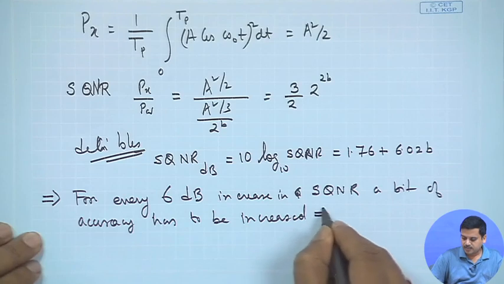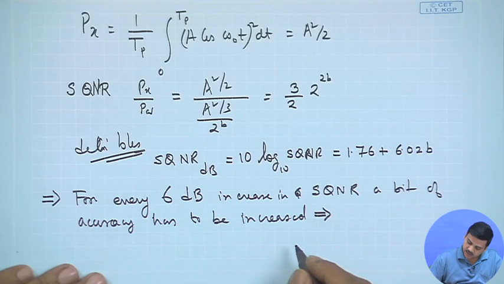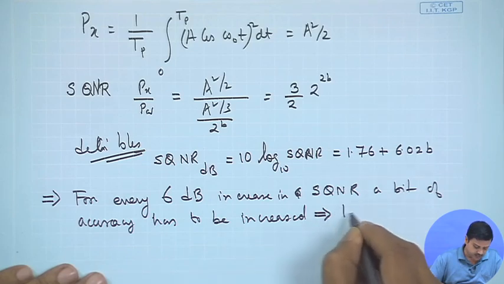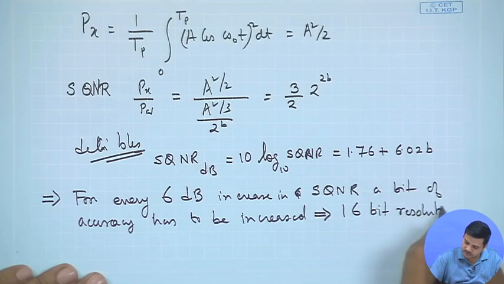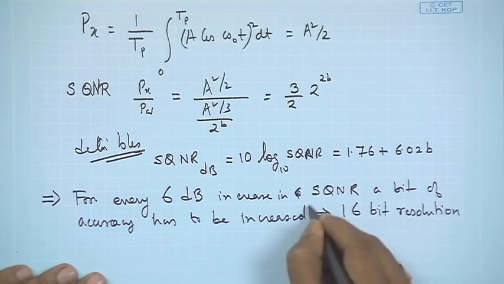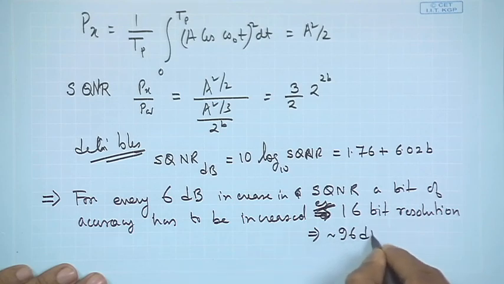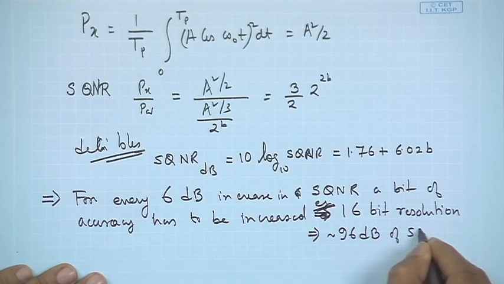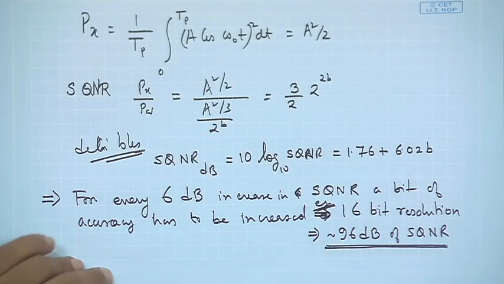In other words, what this implies is that suppose I have 16-bit accuracy, or I have a 16-bit resolution. If I have 16-bit resolution, this would imply I am going to get approximately 96 dB of signal to quantization noise ratio, a factor of about 100.